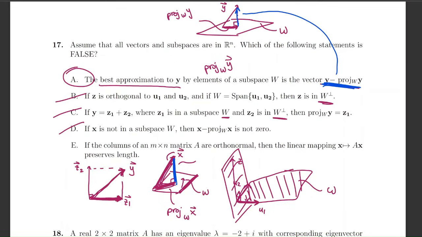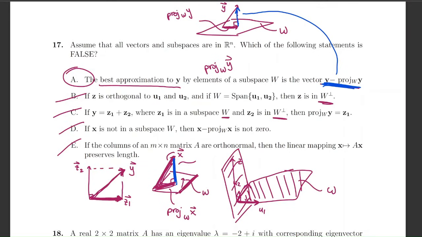If the columns of n by n matrix A are orthonormal, then the linear mapping x to Ax preserves lengths. This is a true statement. I think this problem was in the fall 2022 final exam.